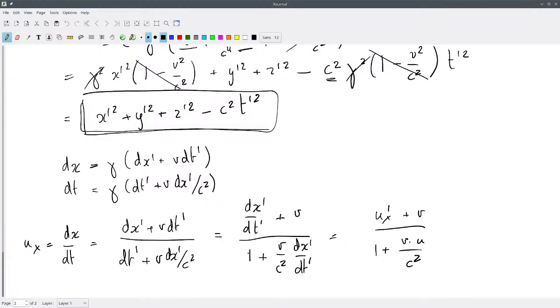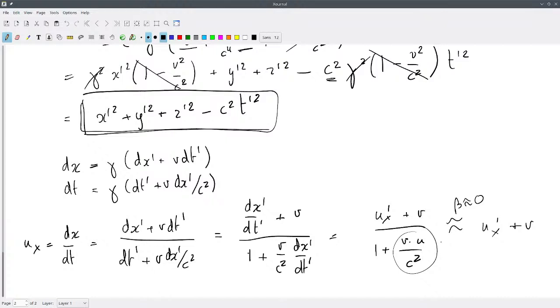And again, if you plug in very small values of v compared to the speed of light, you'll see that this term is actually the thing that drops out, and for beta approximately equal to 0, this becomes ux prime plus v, which is again the thing we had already derived for the Galilean transformation. So the only thing that becomes different now is that this expression becomes a little bit more complicated.